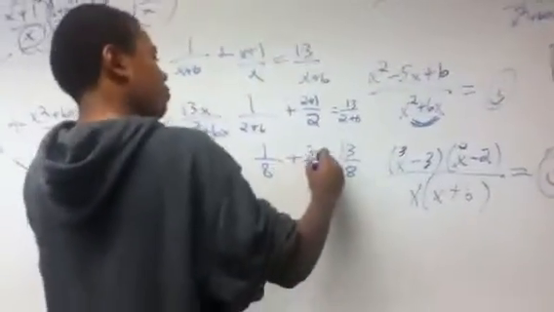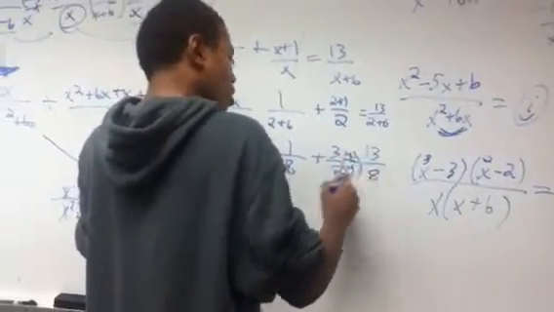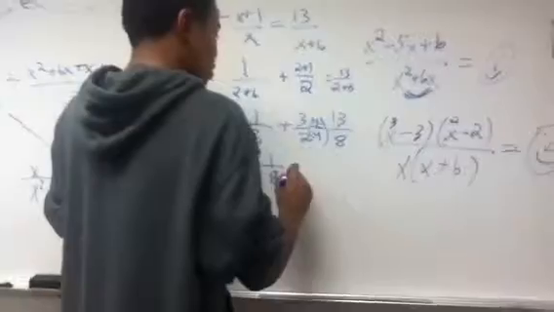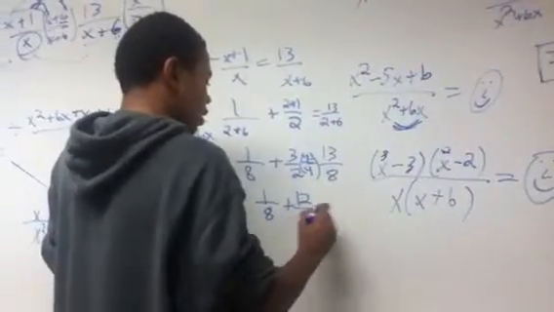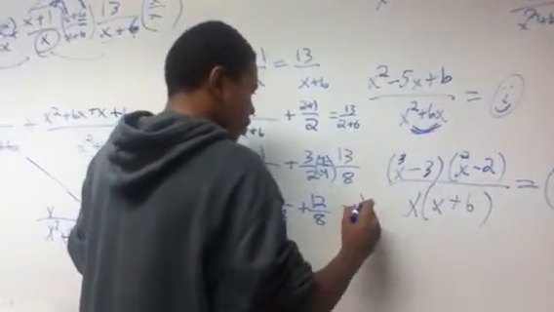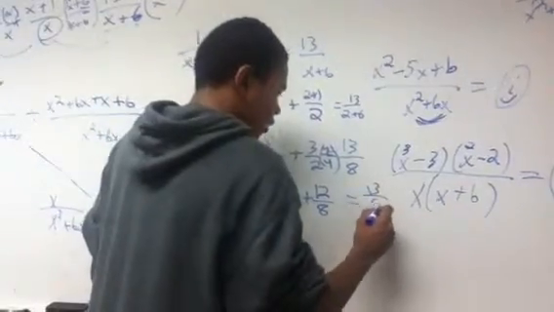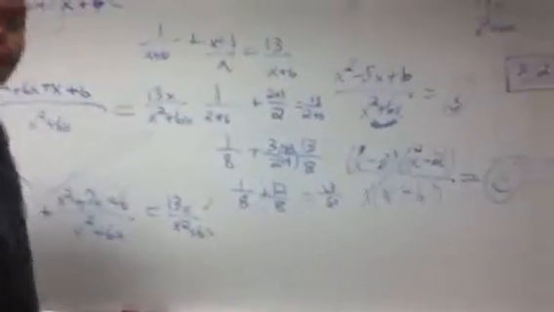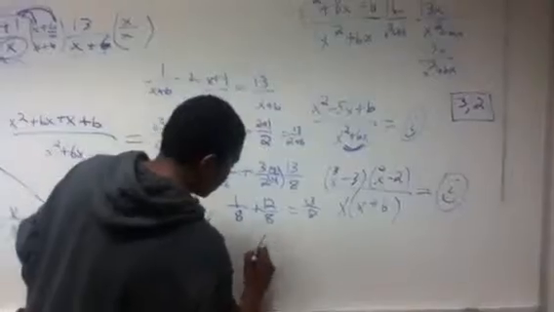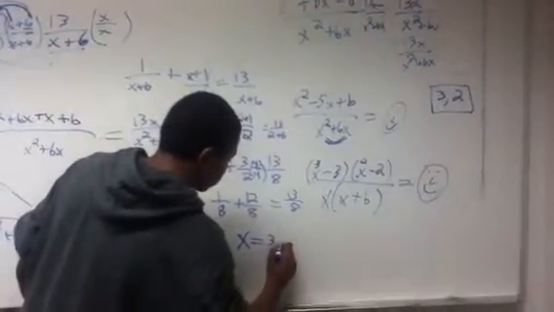So we get 8 and we multiply 4 over 4. 1 over 8 plus 12 over 8 equals 13 over 8. So x equals 3 or 2.